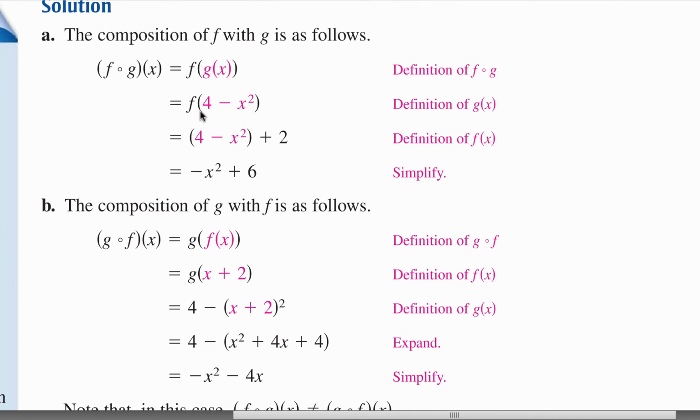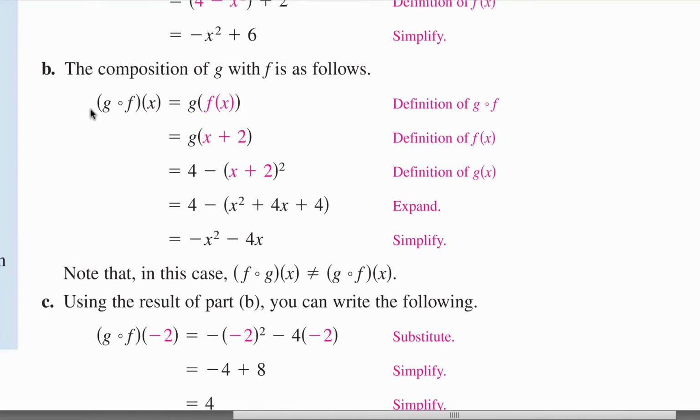Replace g of x with 4 minus x squared. Then, since f is just a linear function, x plus 2, you're going to turn this into 4 minus x squared plus 2. Then you combine like terms, and you get the following. So that's the end result of f composed with g of x. Now let's do the composition of g of f of x.